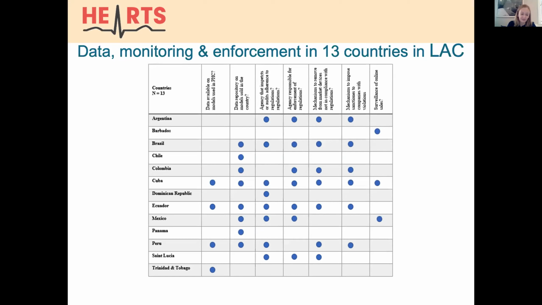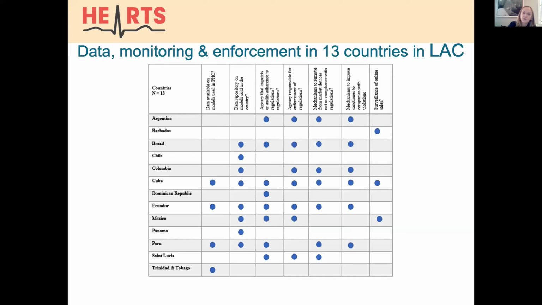Only 4 countries have information on what devices are being used in primary healthcare facilities. So as I mentioned before, basically, we don't know what is being used to measure blood pressure, despite the importance of this clinical exam.